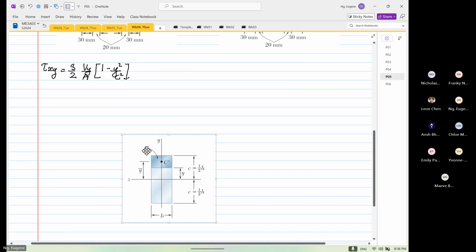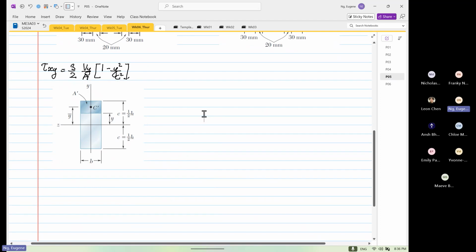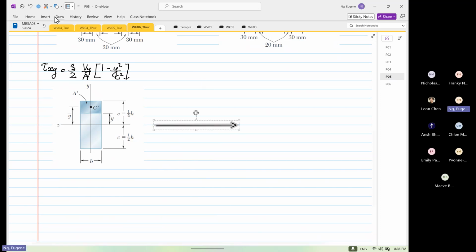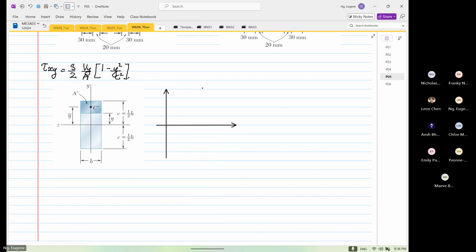Right, based on this configuration over here. So based on that formula, I'm now going to sketch the shear stress distribution. So if we were to sketch our shear stress distribution now, I'm going to sketch some lines over here.